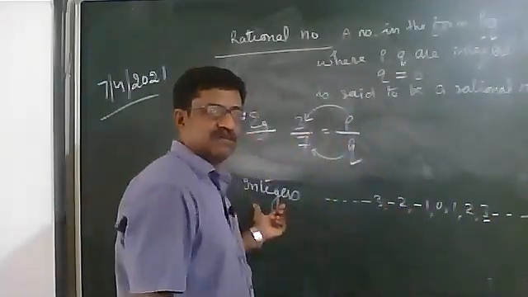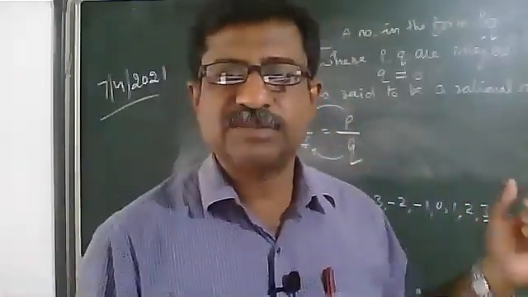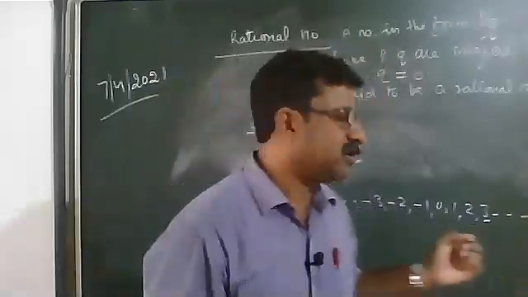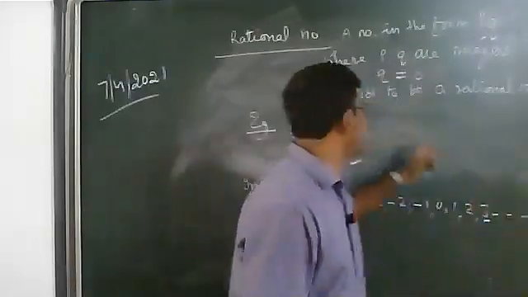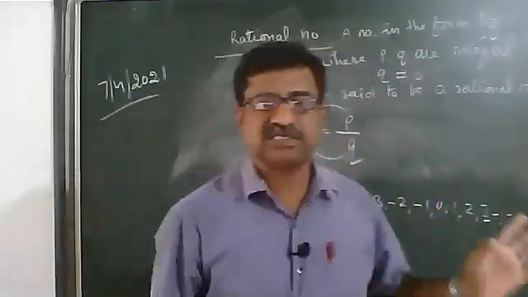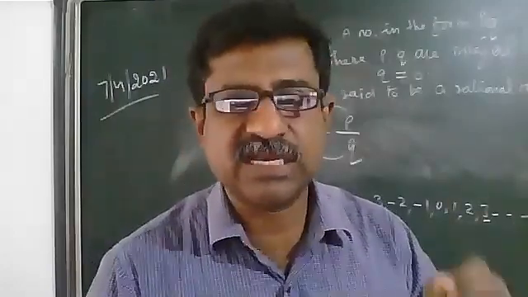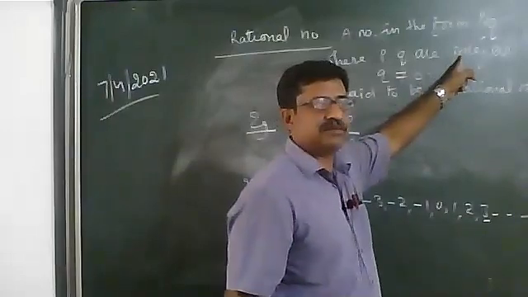The set of integers is -3, -2, -1, 0, 1, 2, 3. These are the integers. 3 is present. Now we'll continue 4, 5, 6, 7, and we will get 7 also. We are getting 3 as well as 7. Both are integers. The second condition is also satisfied.